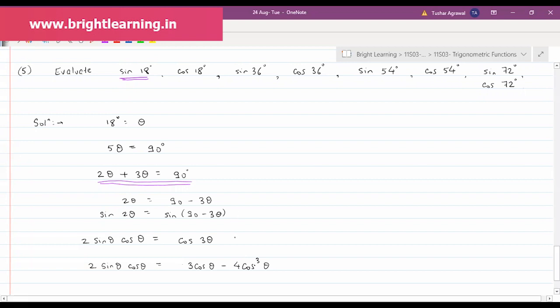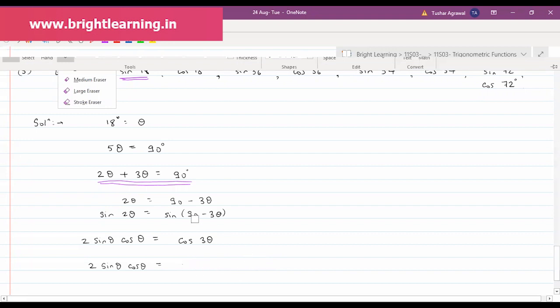No, I have written it reverse. It is 4 cos cube minus 3 cos theta.